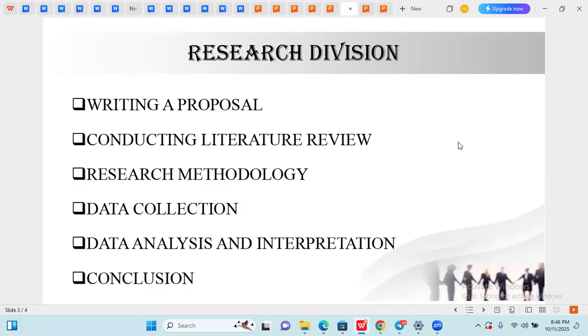The next is conducting literature review. If you can't conduct a thorough literature review, you are going to have a problem in your research. And a lot of people don't even understand literature review. They don't know how to conduct a systematic literature review. Literature review is a critical part when you are writing your thesis.